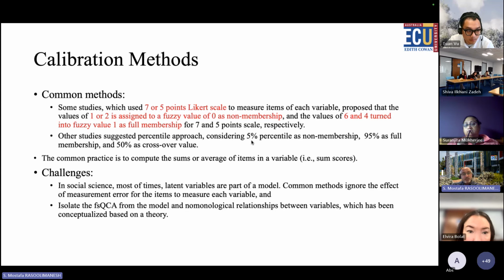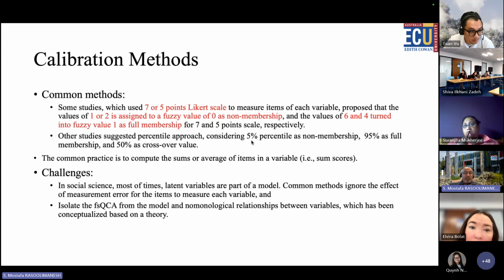Another issue is that when we have a research model, we have nomological relationships between variables, and maybe a few layers of relationships.